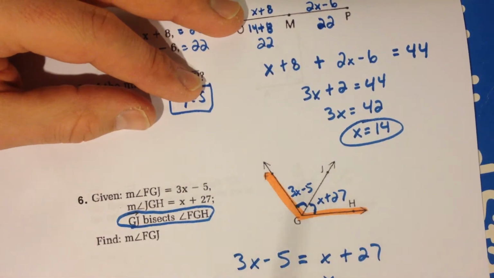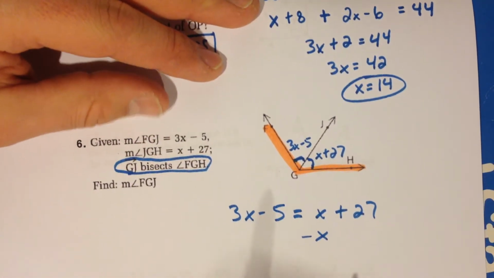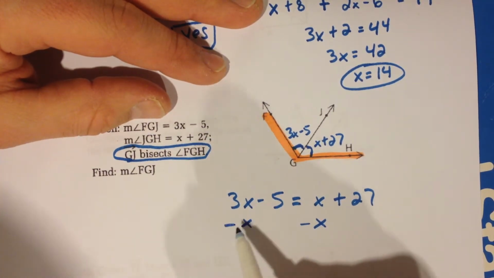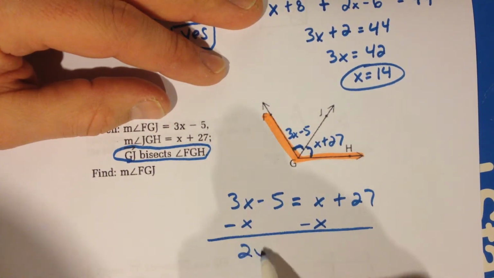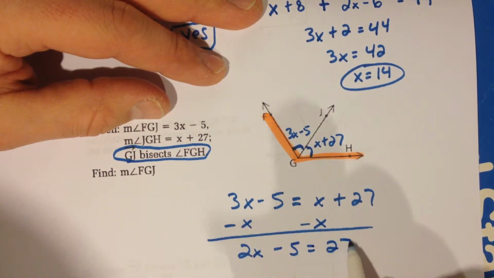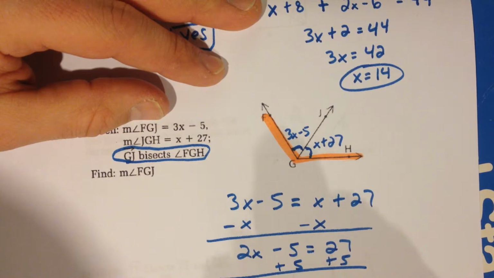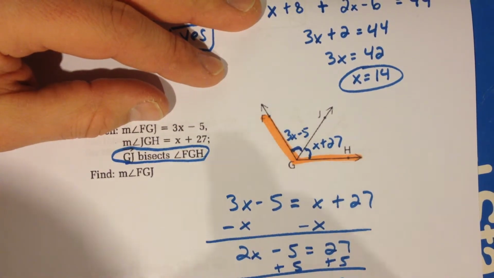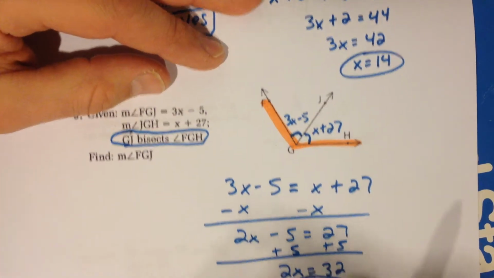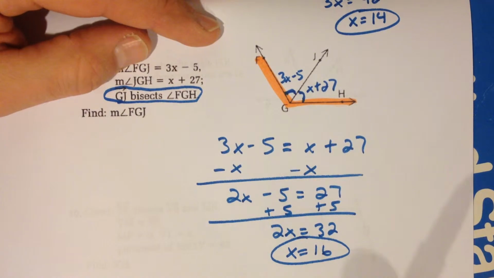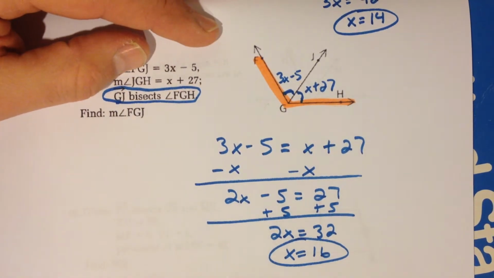So now, let me make sure we're fitting on the screen. Subtract x from both sides. Oops. You guys know how to solve variables on both sides. So I got x equals 16.